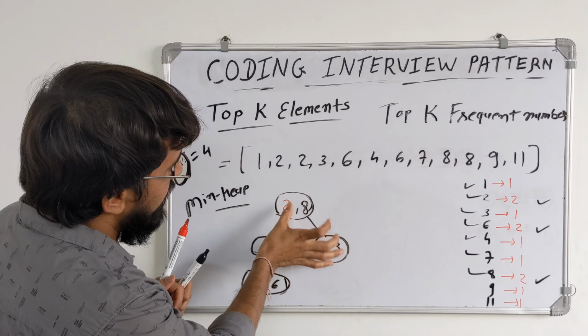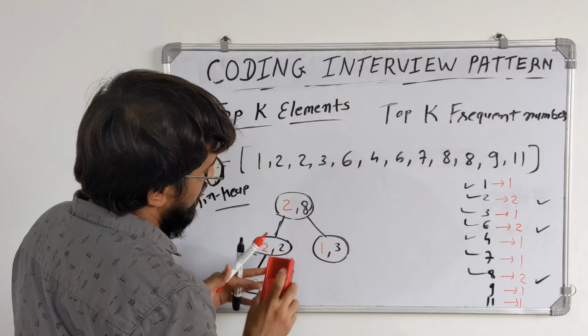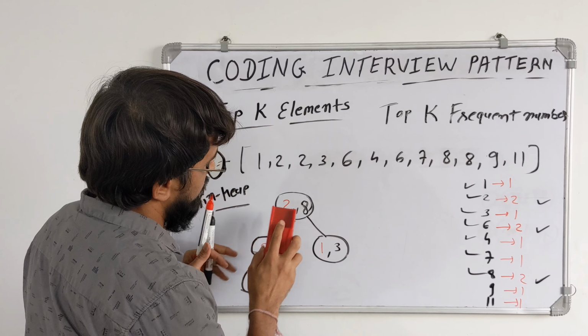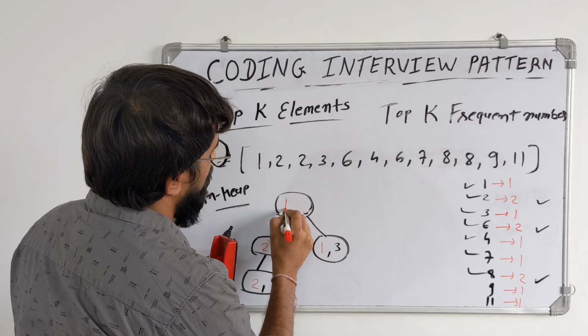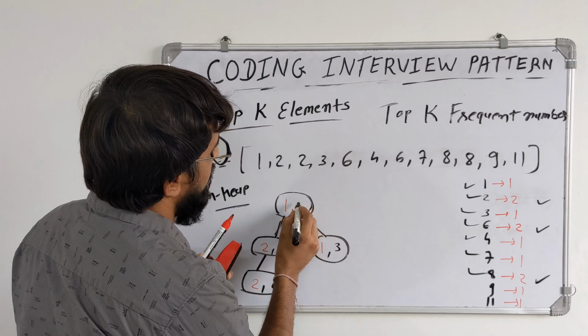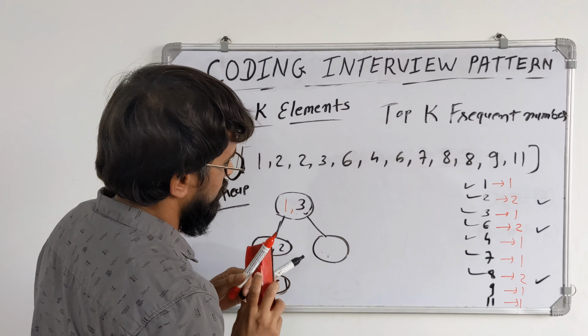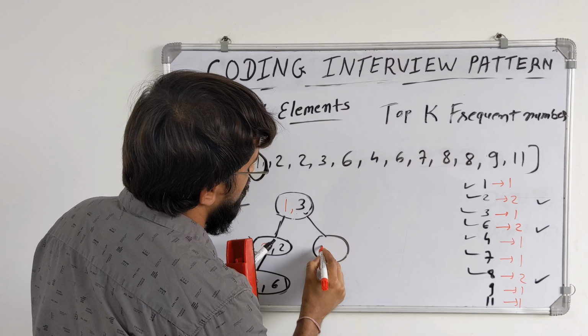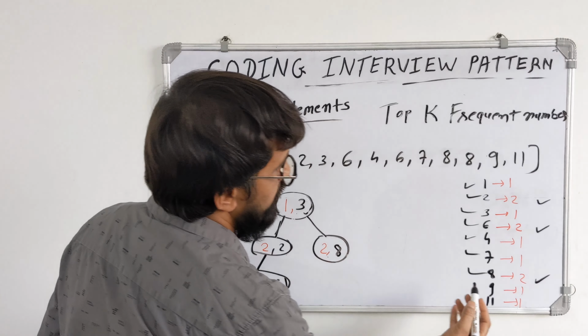So to maintain this one, I can exchange it and it will be fine. So just remember 1 and 3 and 2 8. So I'm putting 1 and 3 here, and I'm putting 2 8 here. So 2 and the 8. So this is done.